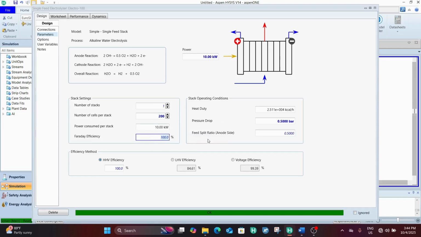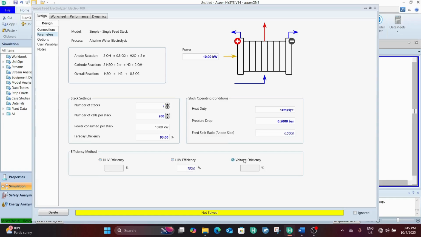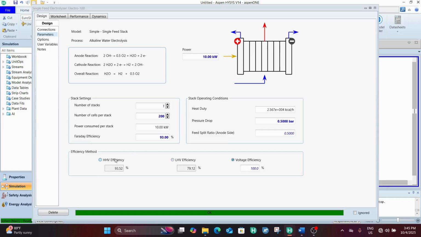Faraday efficiency, we also have to specify; this is 93% from our information given. What we have here is the higher heating value efficiency, lower heating value efficiency, and voltage efficiency, and you could switch between them, whichever one you wish to specify. We're just going to work with the inbuilt higher heating value. Let's just leave it on that. 93% gives us 100% higher heating value.